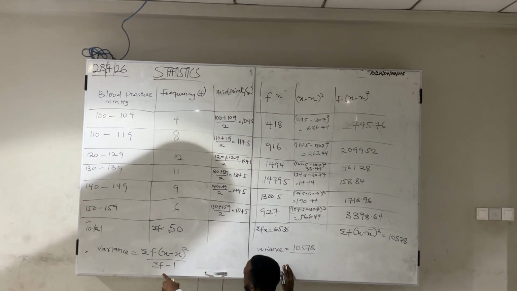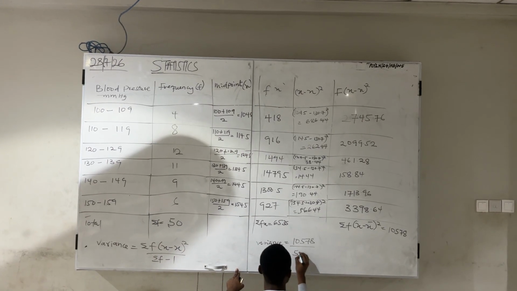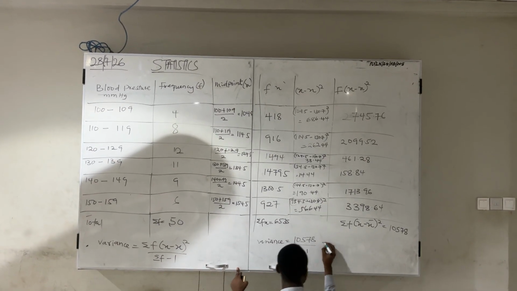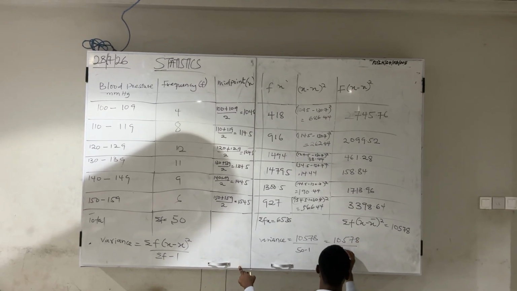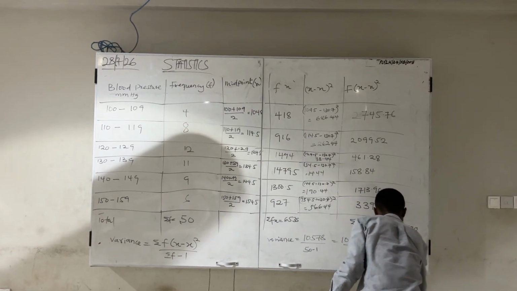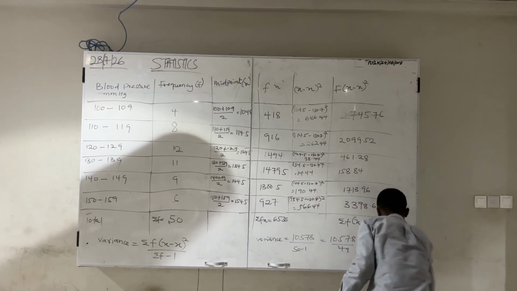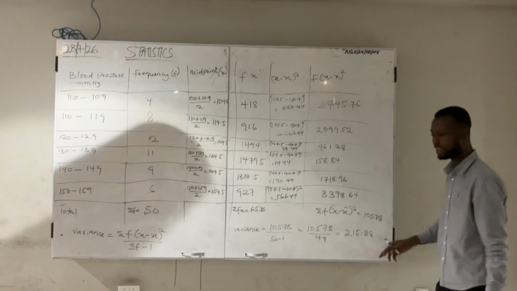Then the summation of the frequency is 50, so it will be 50 minus 1. Therefore, 10578 all over 49 is 215.88. So our variance for our sample data is 215.88.